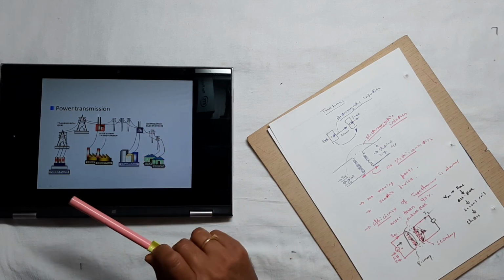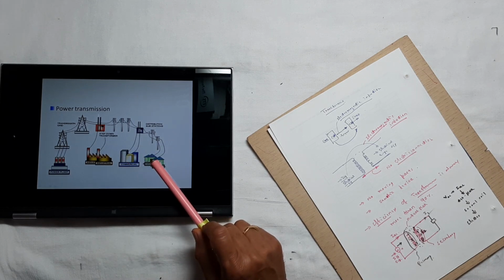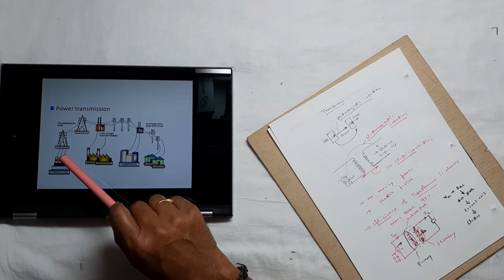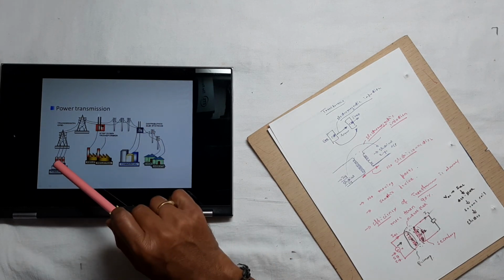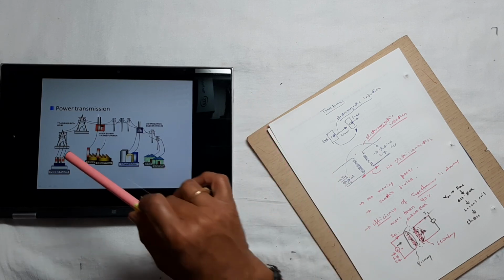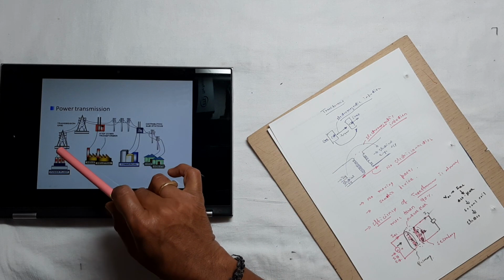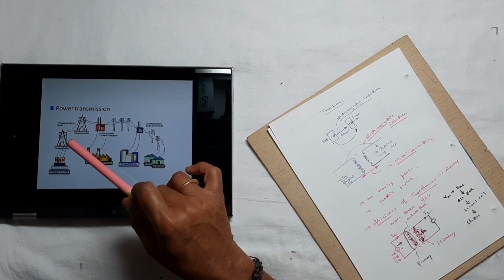This is how you transmit electrical energy from the generating station to the distribution system, using a transformer at the different stages for economy. You step up the voltage so that the conductor size reduces and the efficiency increases. You save a lot of money on the transmission system, so there is less burden on the consumer.